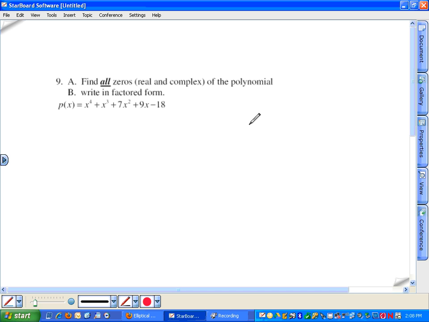So what we did first is make a list. Use the rational zeros theorem. The rational zeros theorem gives you a list of possible rational zeros that you can test using synthetic division. That's the p's and q's.